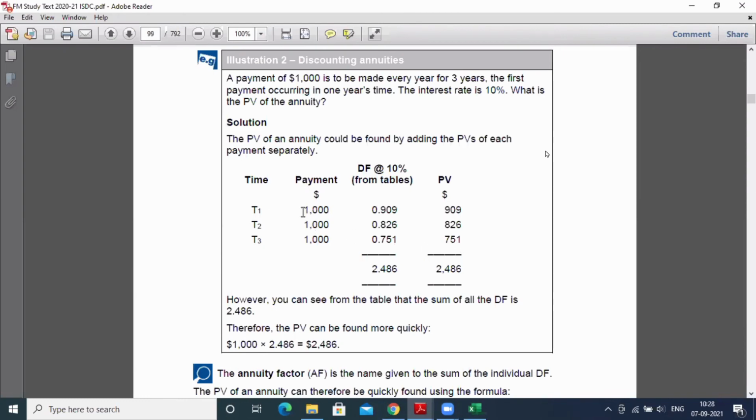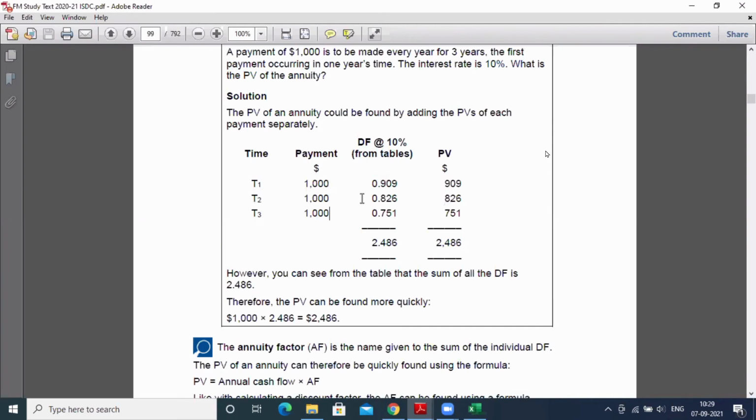Now in this case, if you observe, there is no change in the cash flow. Every year the cash flow is the same. So as I mentioned, directly you can go through the annuity table because the cash flows are the same, and at 10% you can find the annuity value.